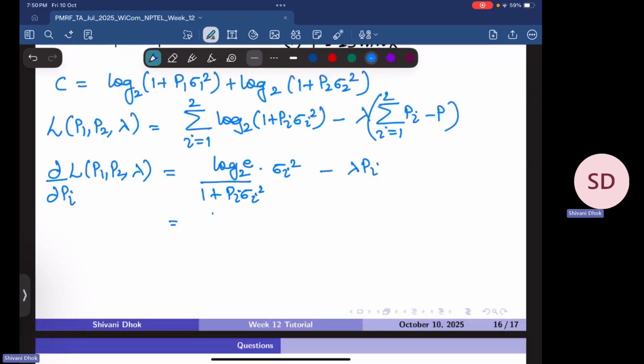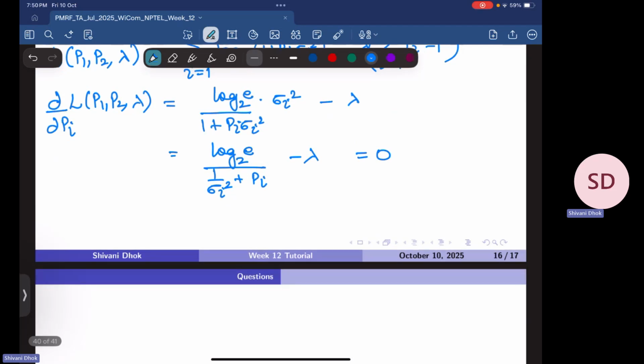This I can write as log of e to the base 2 times 1 by sigma i square plus Pi, minus lambda, and this I will set equal to 0. So then I get Pi equal to log e to the base 2 by lambda minus 1 over sigma i square, and this I can write as 1 over gamma naught minus 1 over sigma i square.